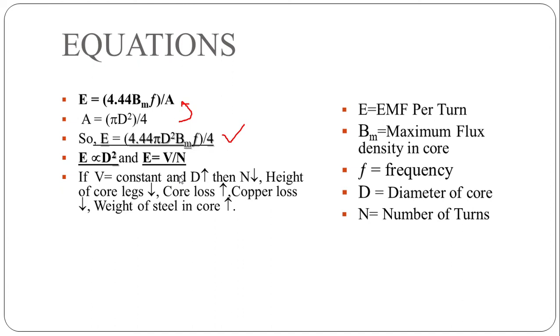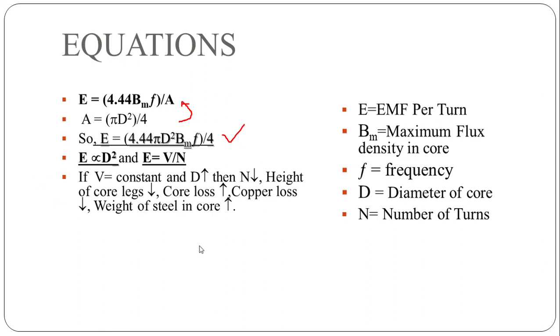But core losses increase due to the increase in diameter, and copper losses decrease. Why do copper losses decrease? As the amount of copper decreases, that's why copper losses decrease. Due to the increase in diameter, the weight of steel in the core also increases. So these are the important relations we can conclude from these two points.